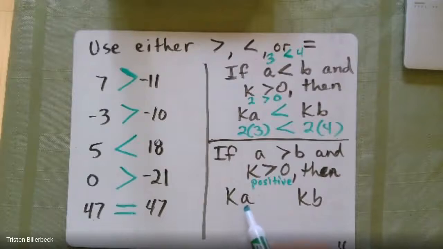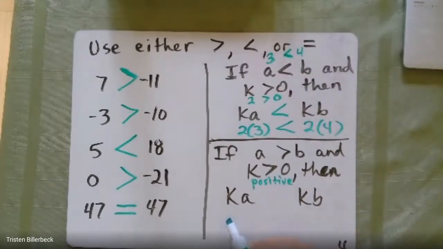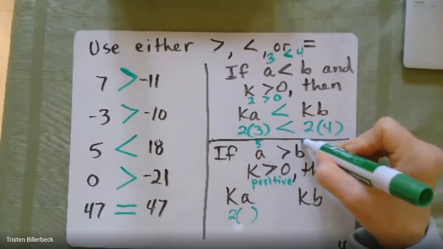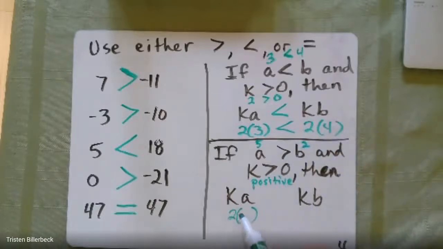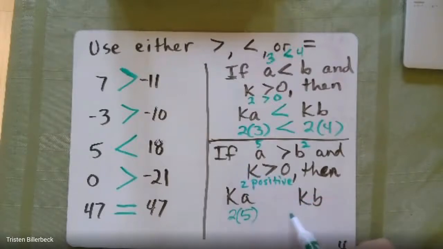So then KA and KB, what sign do we use? If we use the same format, this time A is greater, so we're going to have to do 5, and let's make B 2. So 2 times 5, and K is 2, by the way, 2 times 2.